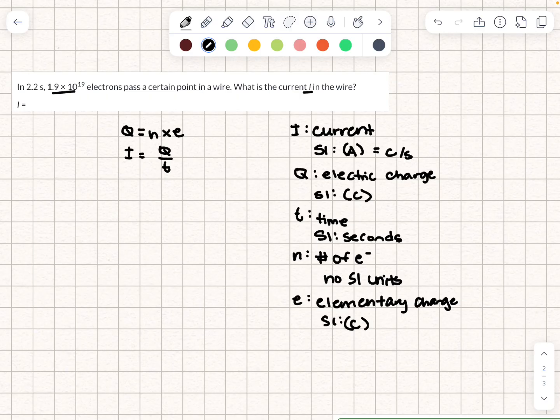So it's 1.9 times 10 to the 19th, and that's going to be our N. And then the constant, which is our elementary charge, which we know is 1.602 times 10 to the negative 19th coulombs per electron. Then we're going to use this first equation and multiply those by each other.